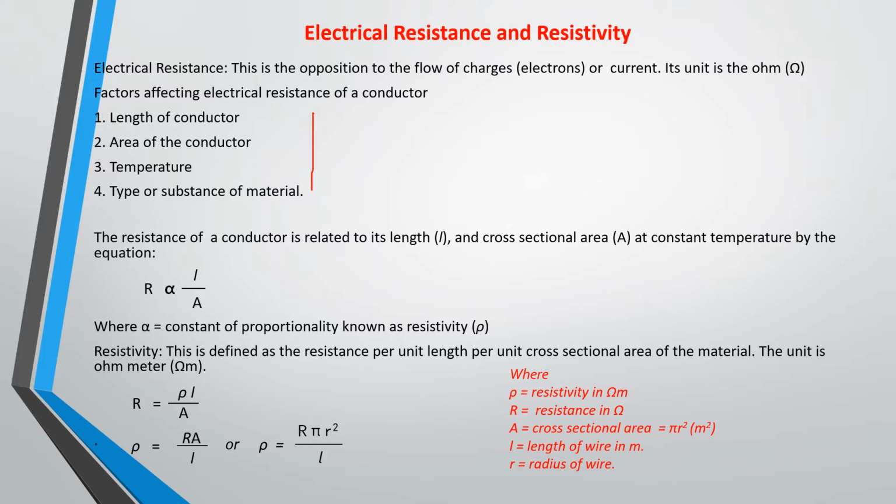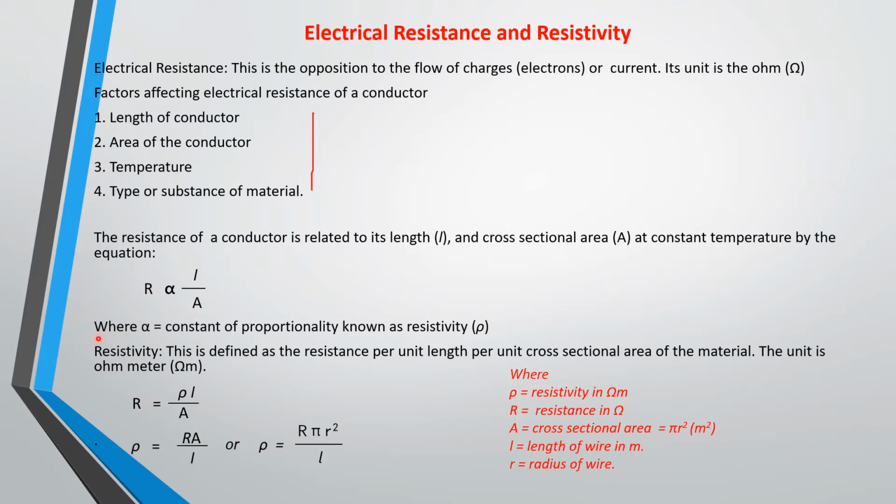Now, resistance is related to length and cross-sectional area at constant temperature by this equation. This equation simply means that resistance is directly proportional to the length of the conductor, but inversely proportional to the cross-sectional area.